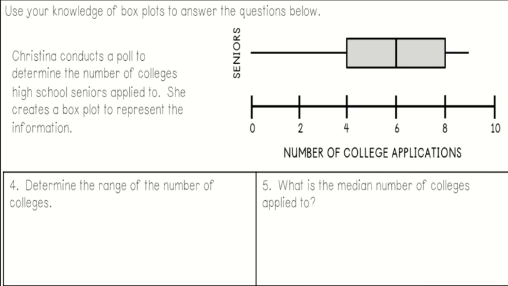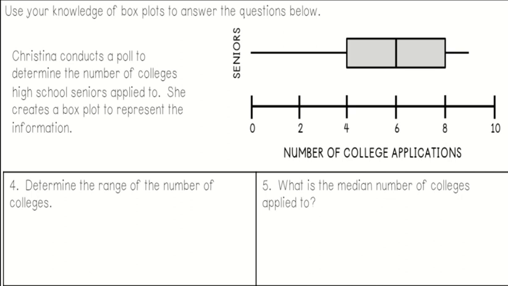All right, so here's how these questions will look. We've got a box and whisker plot there with the number of college applications some of these high school seniors applied to or filled out. So let's see what we can answer on these.